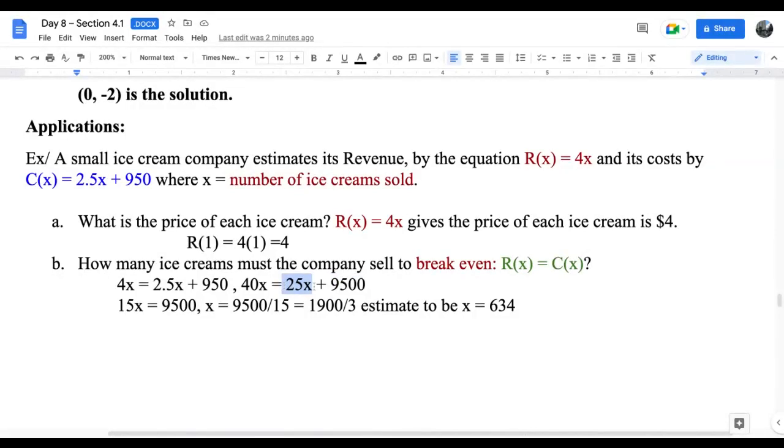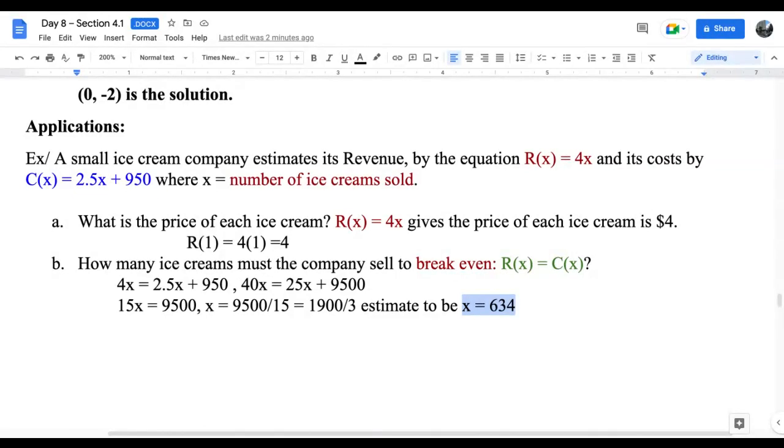Then we subtract 25x on both sides. So we get 15x equals 9,500. We divide by 15. In the end, we get 1,900 divided by 3. Estimate x is 634. So they have to sell 634 ice creams.